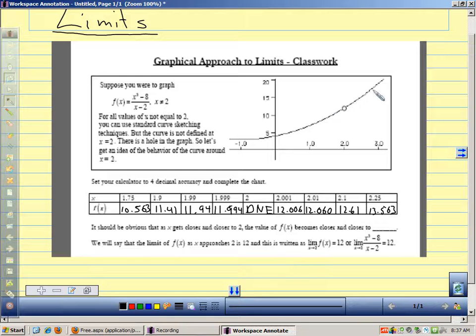So we see as we're going this direction, as we get closer and closer to x equals 2, my function value gets close to 12. And as I go this direction, as x gets closer and closer to 2, f of x gets closer and closer to 12.